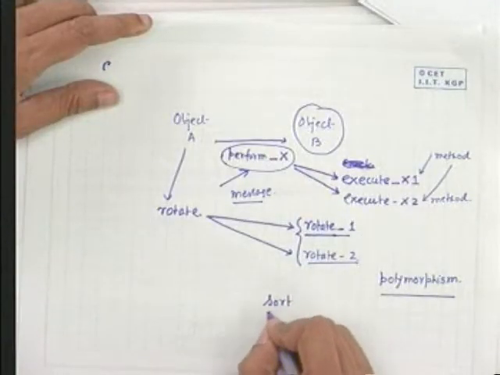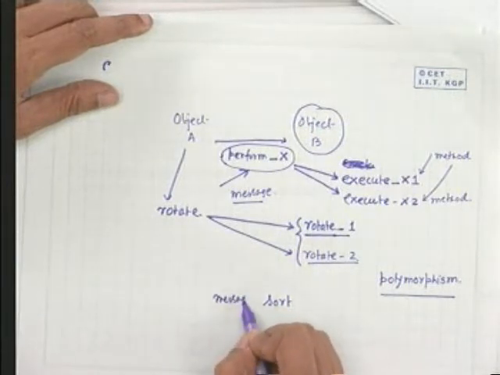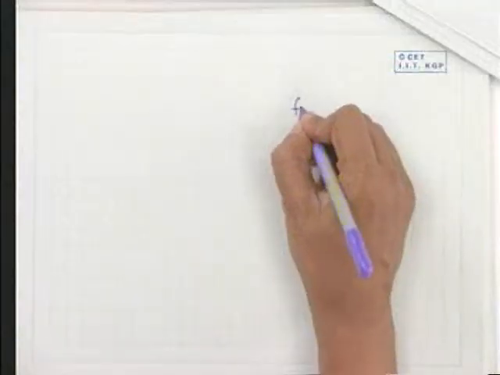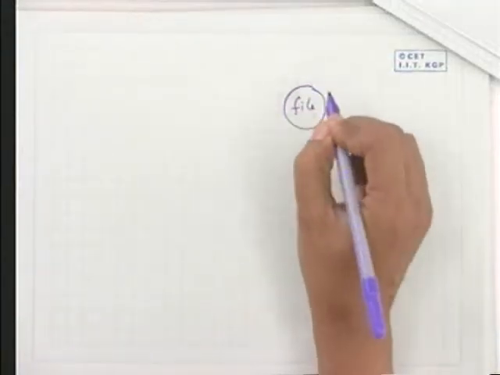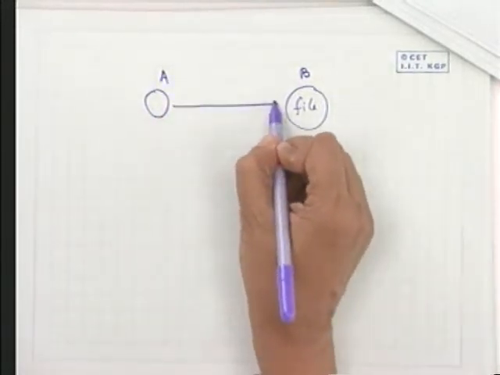For instance, the rotation of a triangle can be done in several ways in a C program. Or, in another case, say we have a file and we want sorting. Sorting can be performed in lots of different ways. Let's take another example to illustrate. Suppose we have a file as a class, B, and another class A wants that file to be sorted.